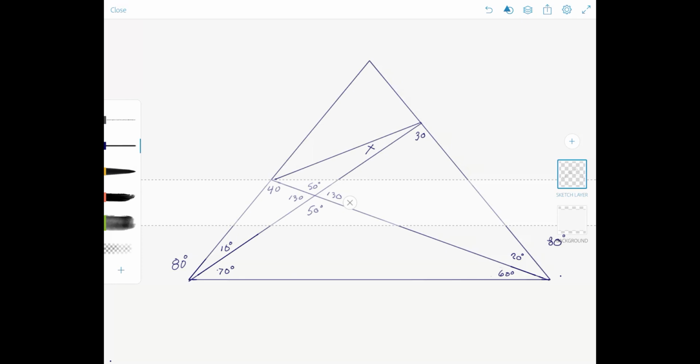And then this one is 150 plus 30. So we got all the angles. And what you're trying to find is, what is this angle?